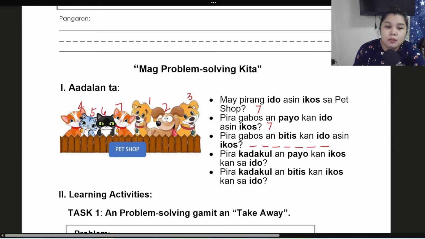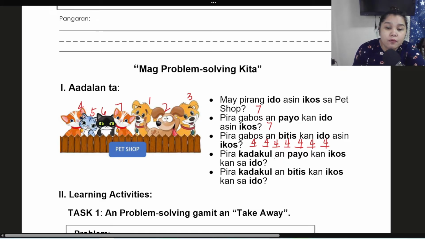So, cat has 4 legs. And, 4 feet. And also, dog. So, ito, para sa cat, may apat na bitis. Ito naman yung dogs. So, that's how you can answer this question. Pira kadakol an payo kan ikos kan sa ido.